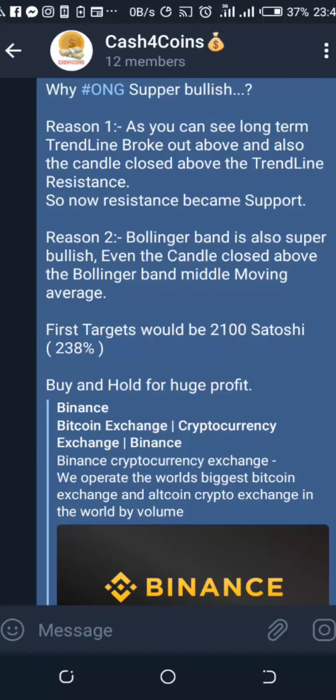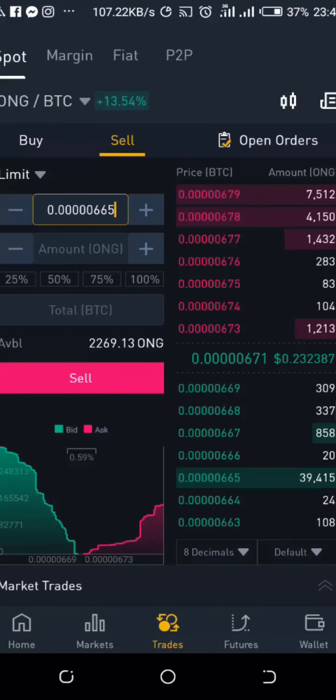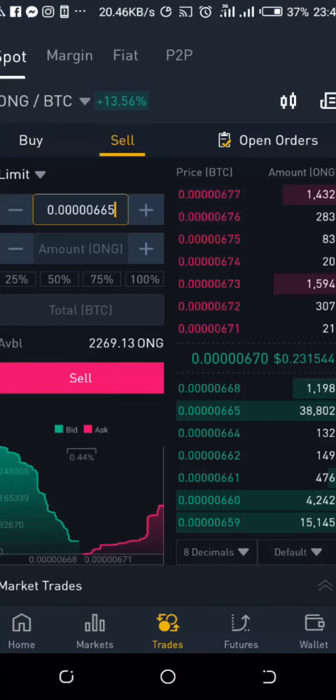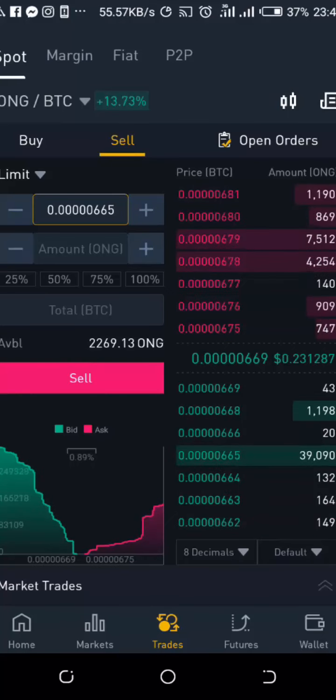That is about 238%. Now it's not a must we wait for it to reach 2,100 Satoshis for us to be able to take profit. We can set it up, go wherever we want to go, and also come back and be monitoring it.